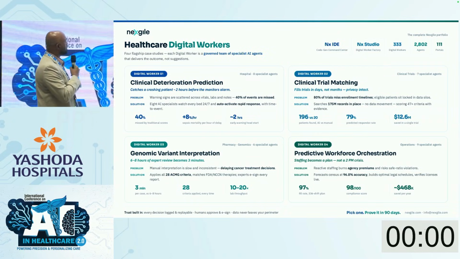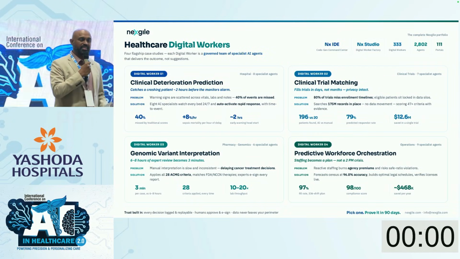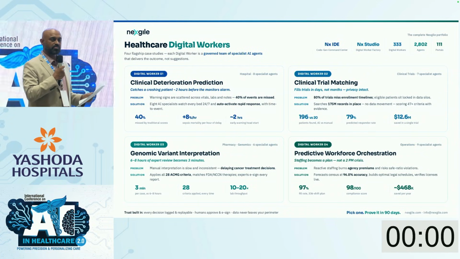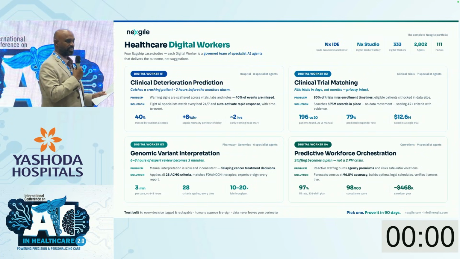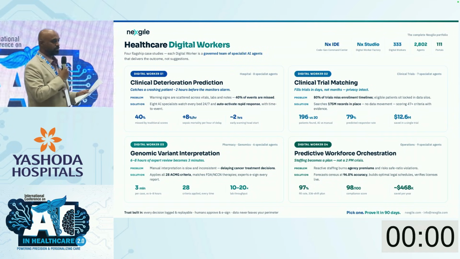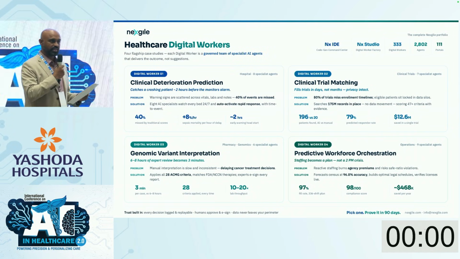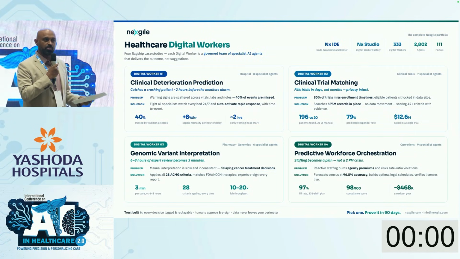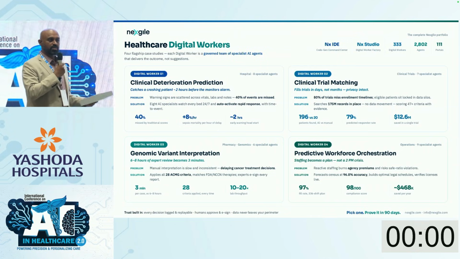Same way we have genomic variant interpretation. I think there are billions of data points available in the system in terms of DNA, 3.2 billion pairs of DNA, which can sequence into millions of mutations. We don't know what is good, what is bad. Humanly, it is impossible to get the outcome out of it.